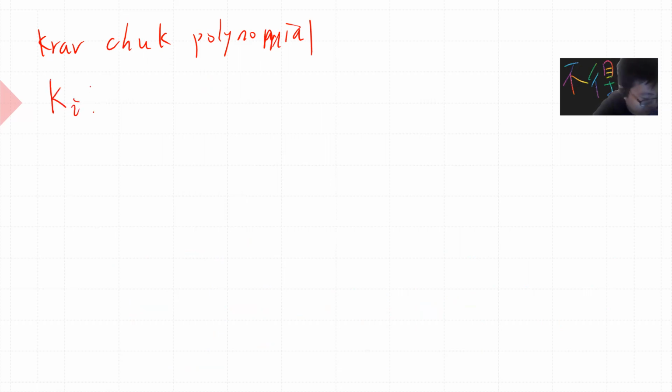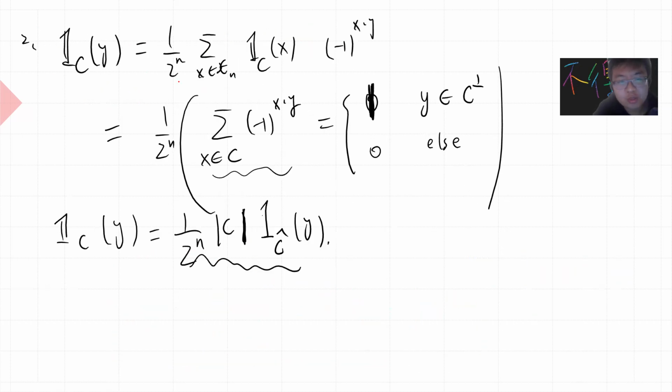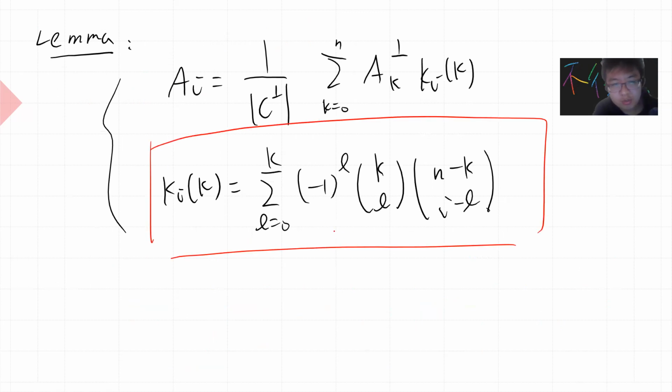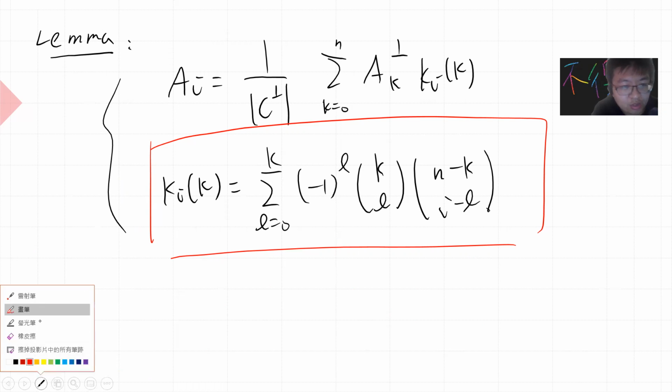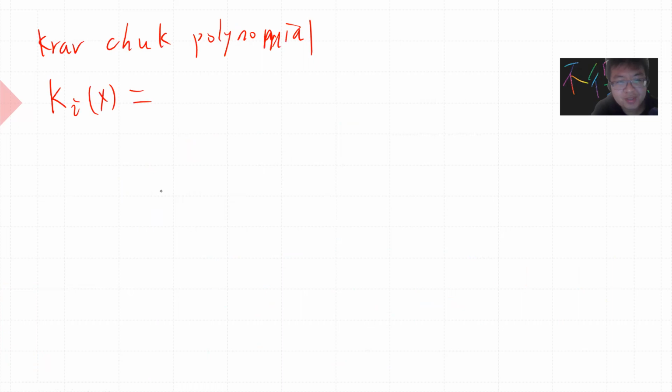So K_i(x) is defined to be what? Oh, bad notation. Let me try to copy this. Okay, maybe I cannot copy this, but it's fine. So this is just this polynomial. Let me write it down.